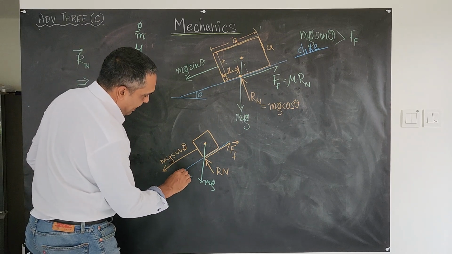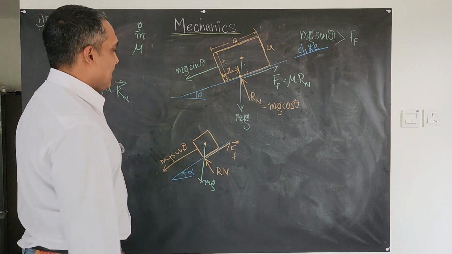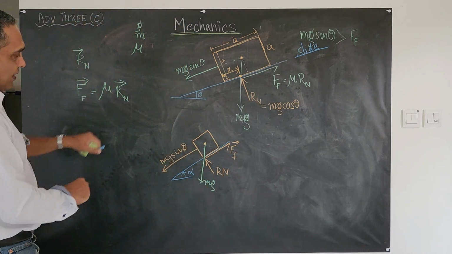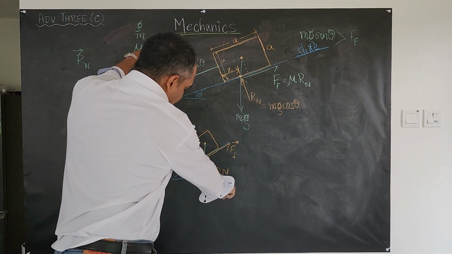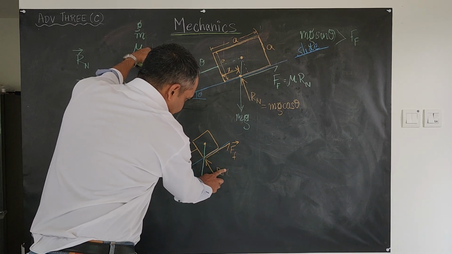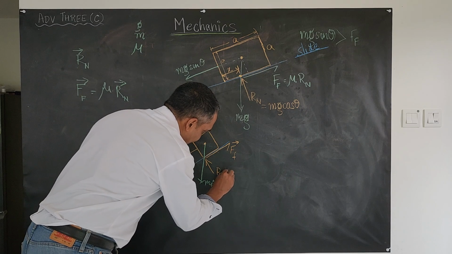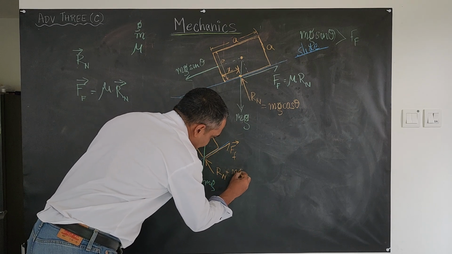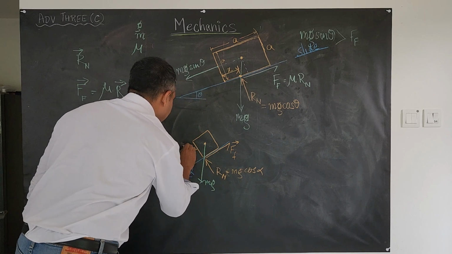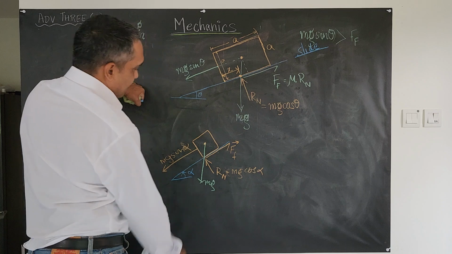There will be some angle alpha at which, if your friction is really high, this one is the same. So this is mg cosine alpha, Rn is still mg cosine alpha. This is cosine alpha. This is sine of alpha. However, x has gotten really small.